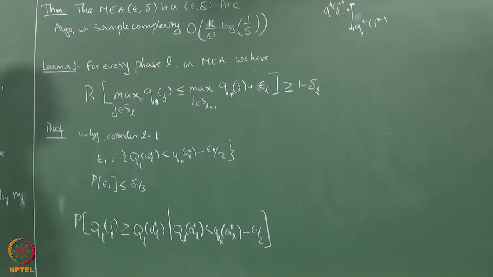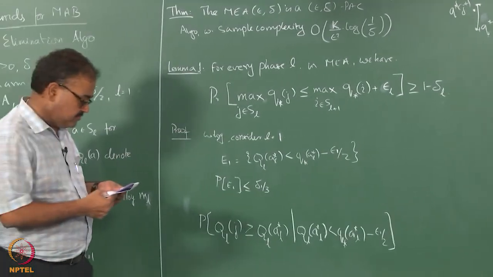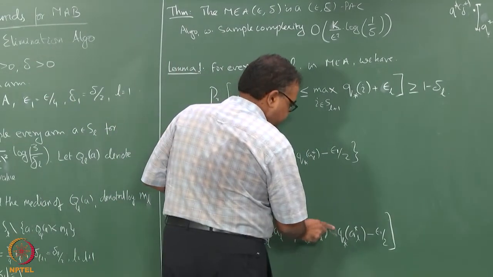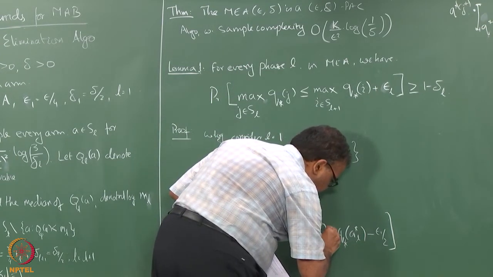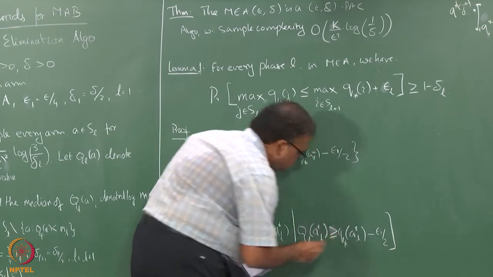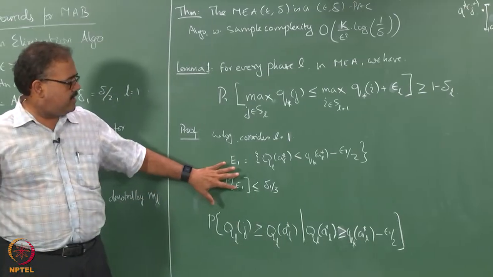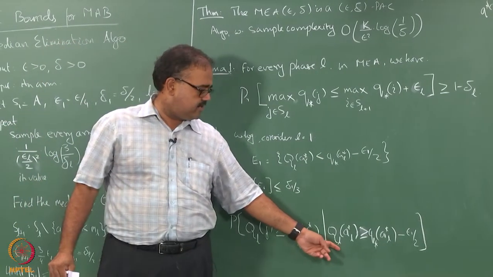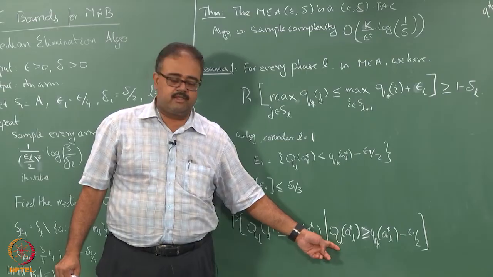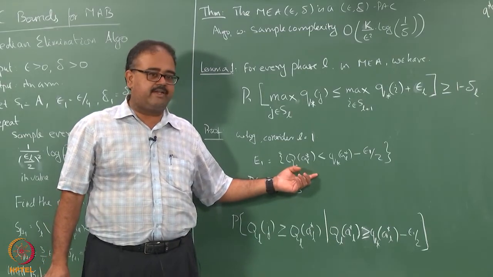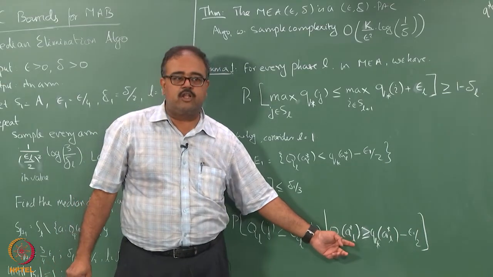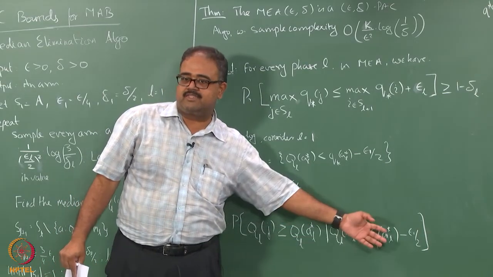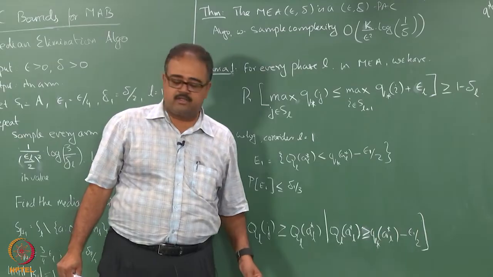So I am going to look at this problem, right. So sorry, not this. Okay. So E1 does not hold, that means that this is true, right. E1 is the event where I have underestimated it. So I am saying E1 does not hold, that means it is no longer an underestimate. So my estimate is within epsilon by 2, right.